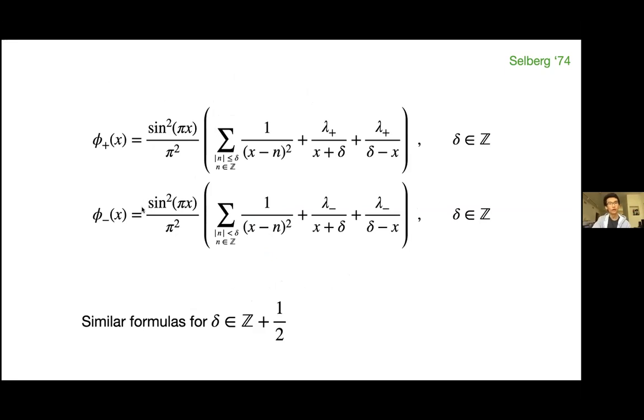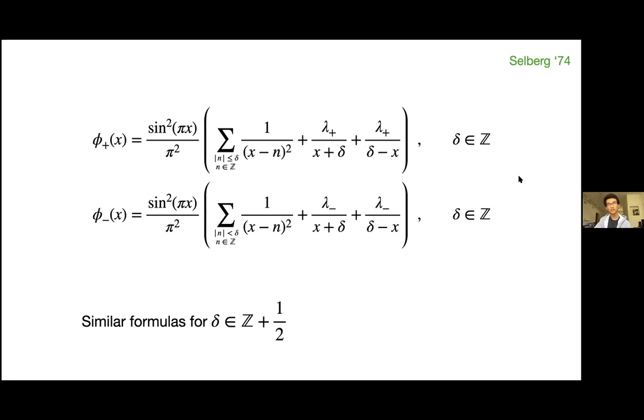And so for phi minus, there's a similar formula. For phi minus, the formula is essentially the same, except at the ends of the interval, you don't have the second order poles. And for half integer delta, you just sum here over half integers instead. So it's very similar.